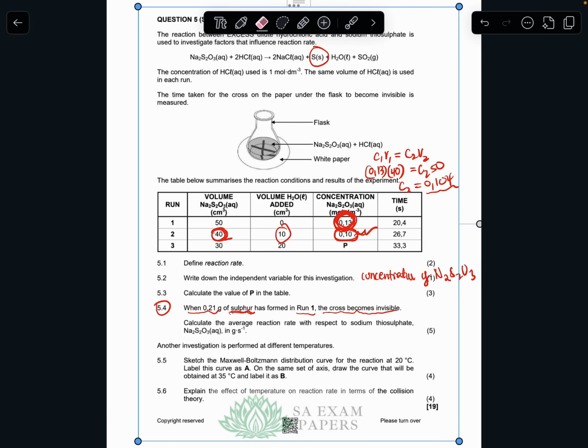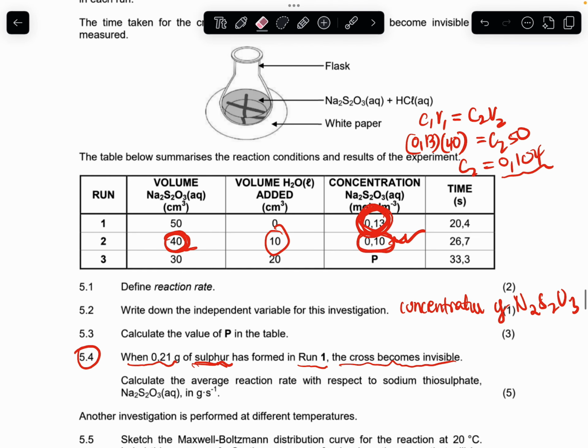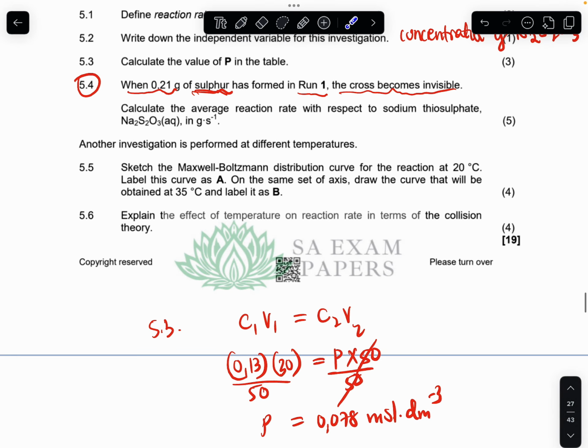So now, guys, if you're noticing, most questions of the stoichiometric questions in the rate of reaction, most of the time it has to do with rate, right? What is formed and what reacted. So if you just stick to the questions and make sure you practice these questions, you get used to them.